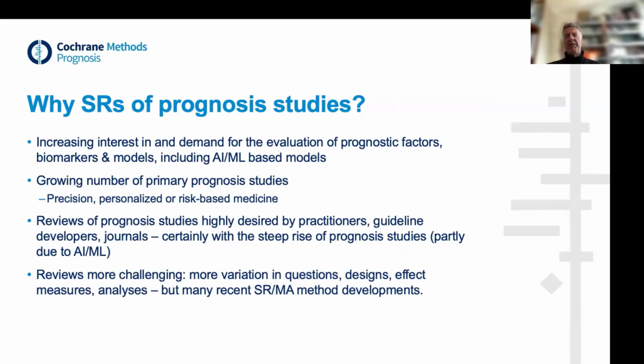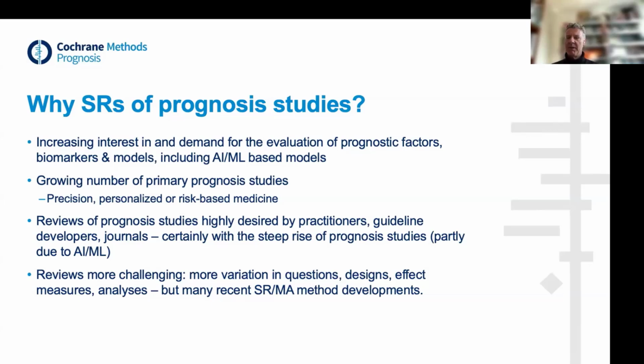So why systematic reviews of prognosis studies? Well, as I often say, arguably, the majority of maybe even the audience, but even of the world, is probably exposed to systematic reviews and meta-analysis of randomized intervention studies, therapeutic intervention studies. And then subsequently, of course, we embarked on systematic reviews and meta-analysis of diagnostic test accuracy studies.